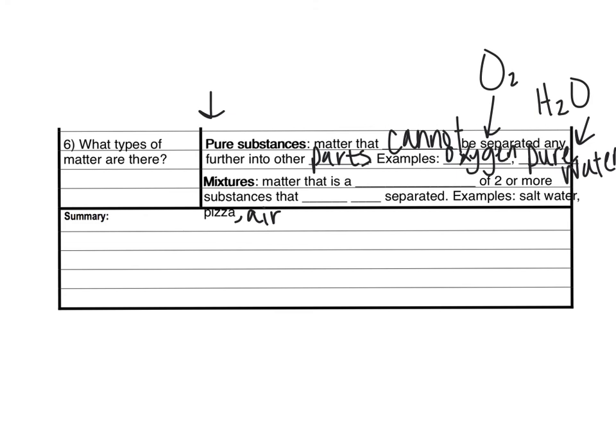So on here, matter that is a combination of 2 or more substances that can be separated. So pure cannot be separated, mixtures can be separated, and we will be practicing taking mixtures apart.